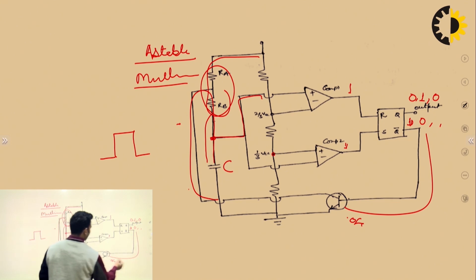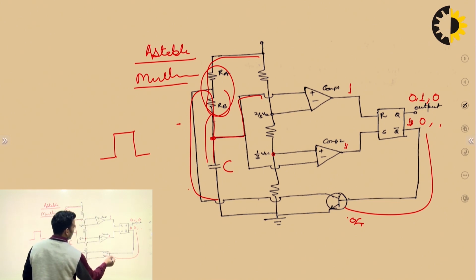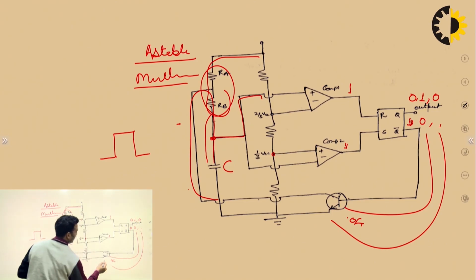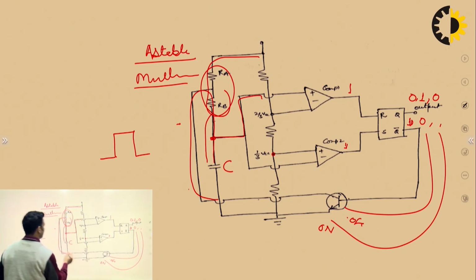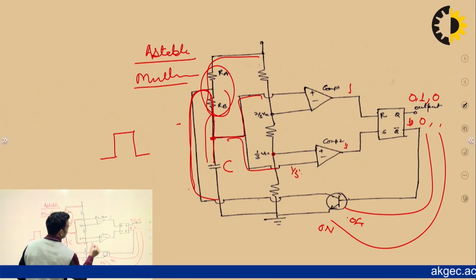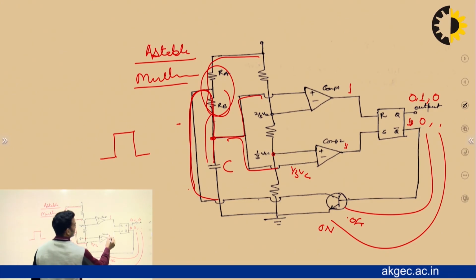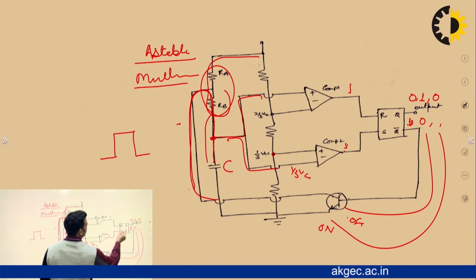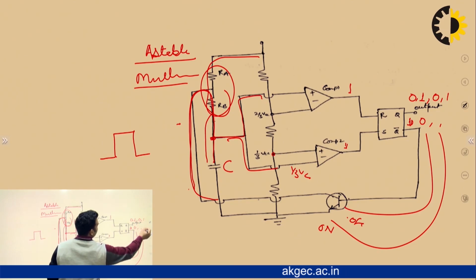This transistor will become on now, as it will become 1. This capacitor will discharge through resistor RB towards 0, and as the voltage across the capacitor becomes slightly less than 1/3 VCC, it will become active. That means again its output will become 0.